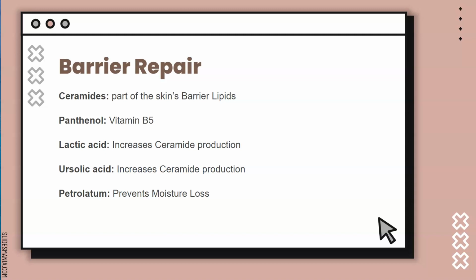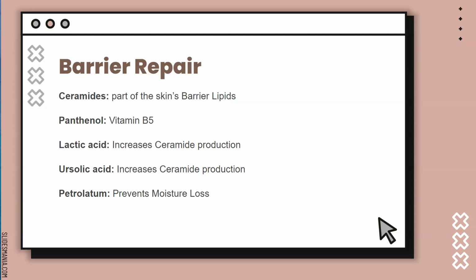You also have your panthenol, which is your vitamin B5, and it can also increase your barrier repair. But the problem with panthenol is it's a little bit sticky, so if you're using it at more than 1%, it doesn't have a great skin feel. Lactic acid and oxalic acid both increase ceramide production.